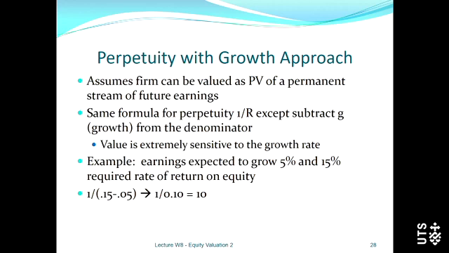So a price earnings of 10 could be associated with a company that has an expected rate of return net of expected long-term growth of 10%. And that could be a company that has an expected return of 12% with an expected growth of 2%, or any other combination that gets you to 10%. All right?